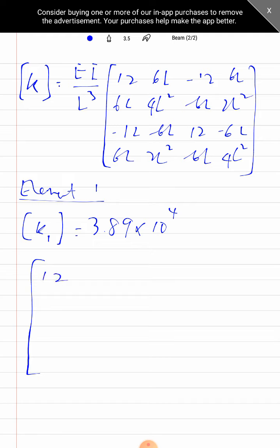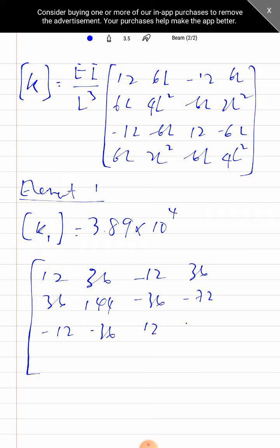So you should get 12, 36, negative 12, 36, 36, 144, negative 36, negative 72, negative 12, negative 36, 12, negative 36, 36, 72, negative 36, and 144. Okay, alright, so this is your K1.